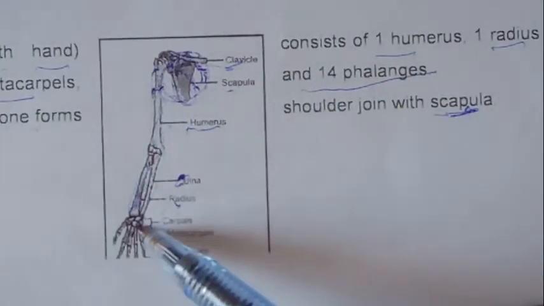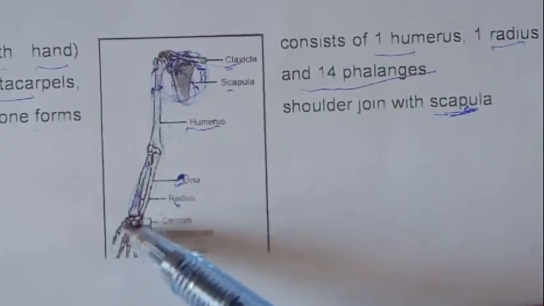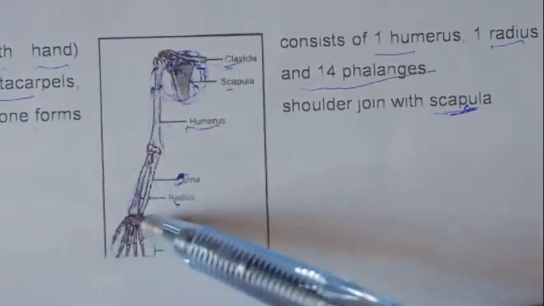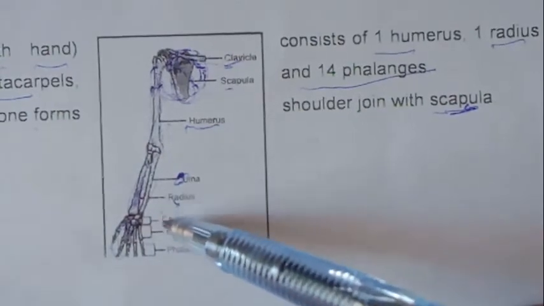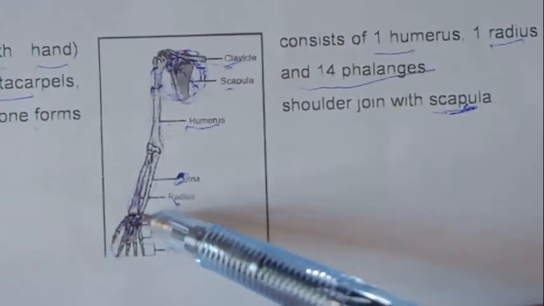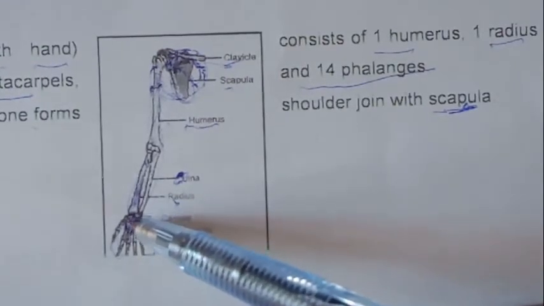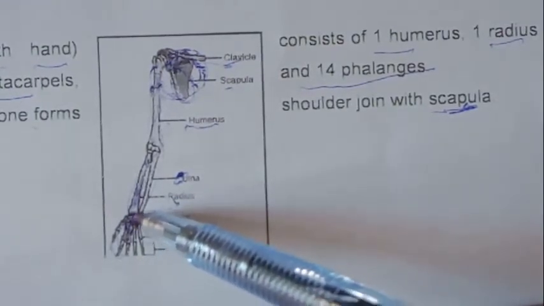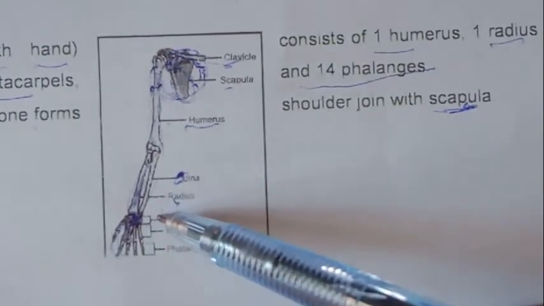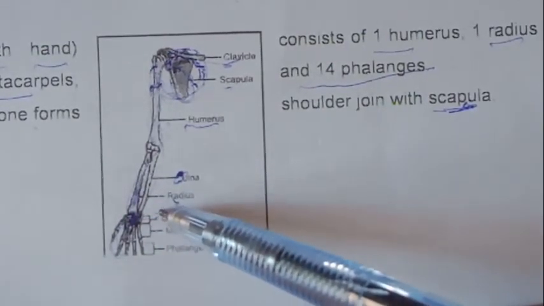And this is a hand. So the hand consists of, in the wrist region, this is the wrist region, there are 5 small bones.